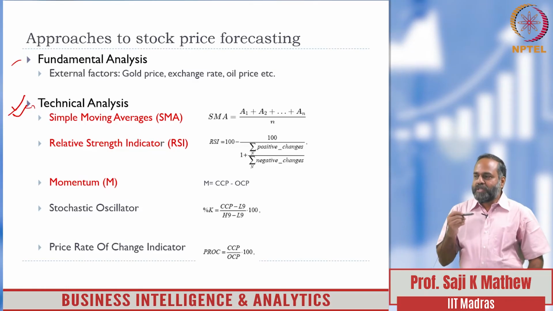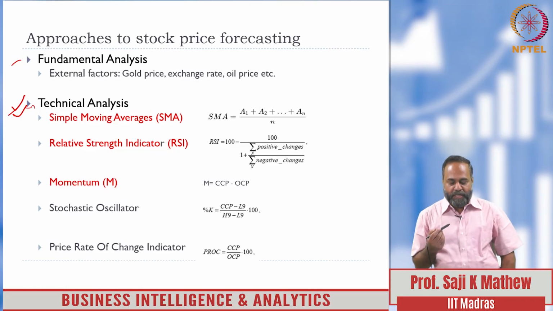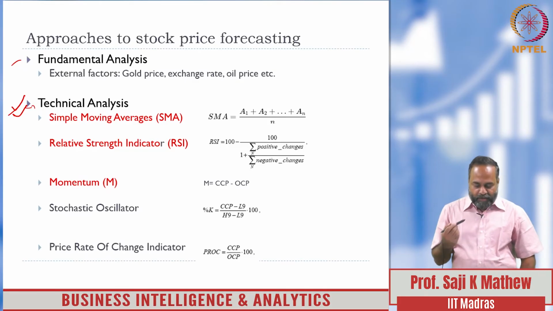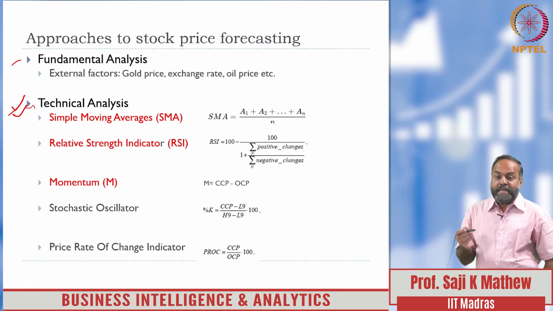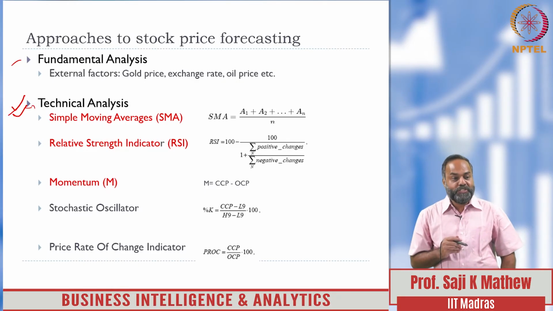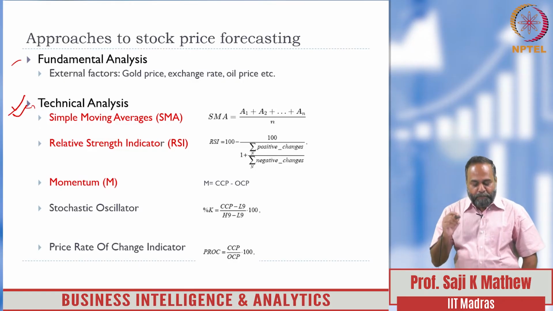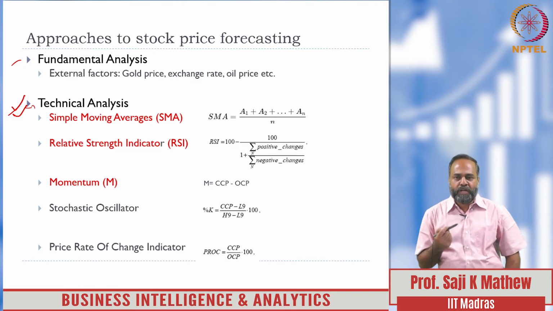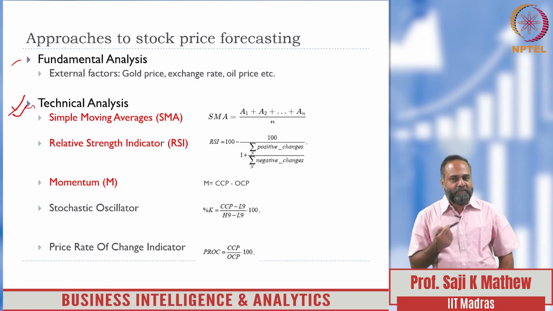Those are basic analyses they provide to investors, particularly regular daily investors or daily traders. Those indicators are, number one, the moving average of the time series. There is something called MA, moving average or simple moving average. You must have learned about different types of moving averages: simple moving average, exponential moving average, and so on.